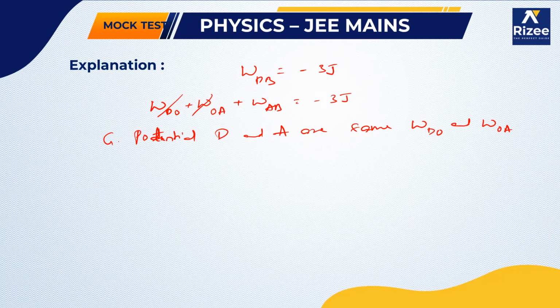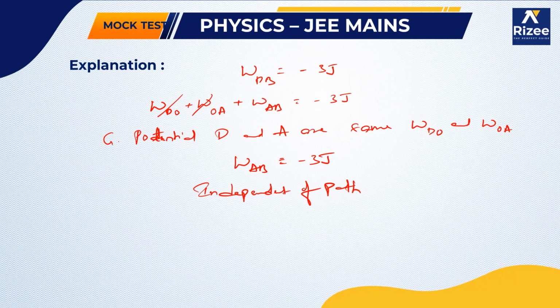So the remaining work done from A to B is equal to minus 3 joules. Since gravity is conservative in nature, the work is independent of the path. So the work done from A to B along C will also be the same.